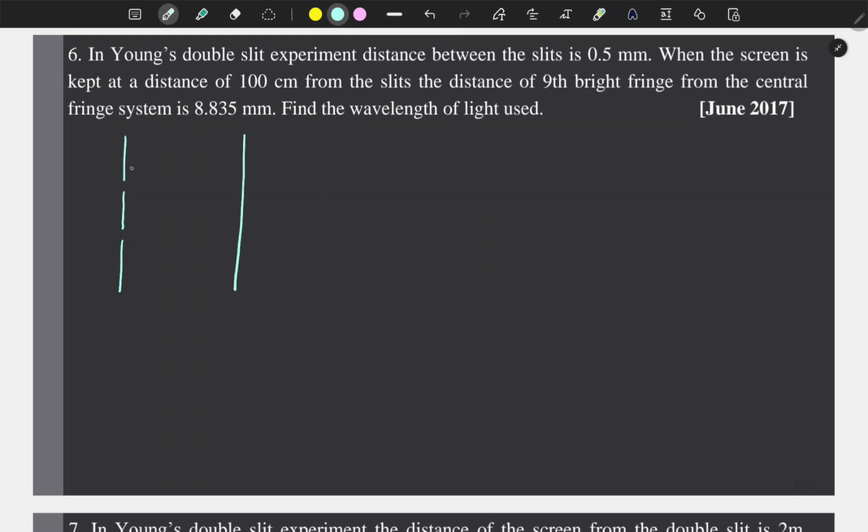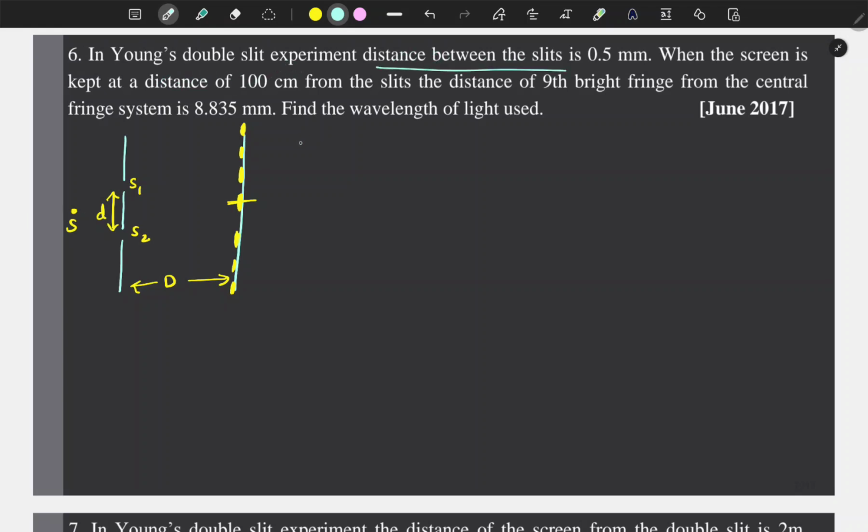Here we have slit S1, slit S2, distance between the slits is small d, distance between the screen and the slits is capital D. Here we have the main source S, and here we have the central bright fringe, and after that consecutive bright and dark fringes will be there on either side with equal fringe width.